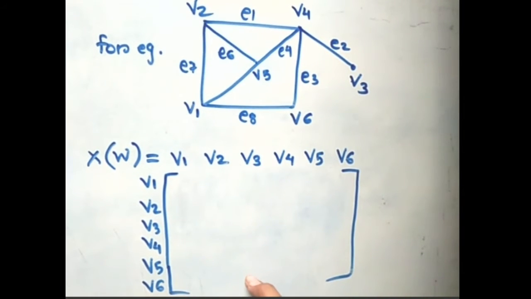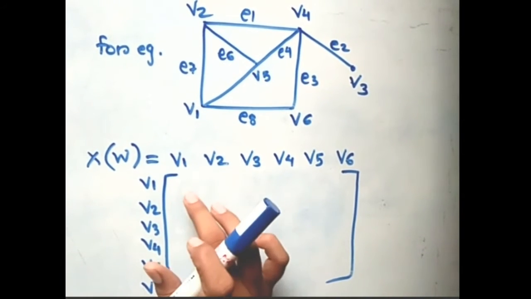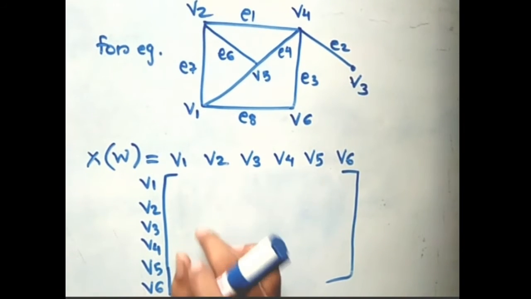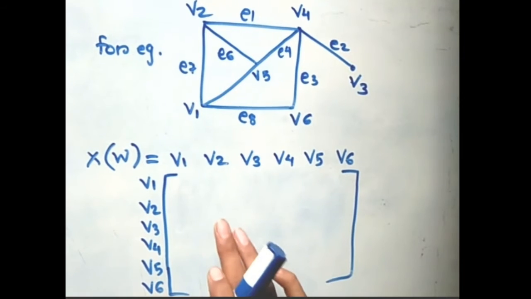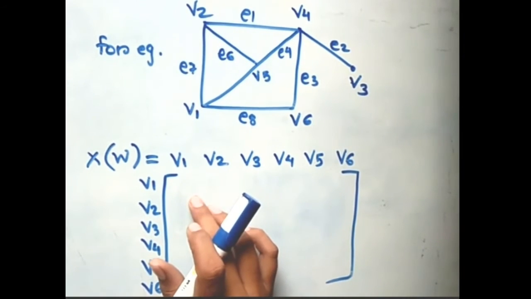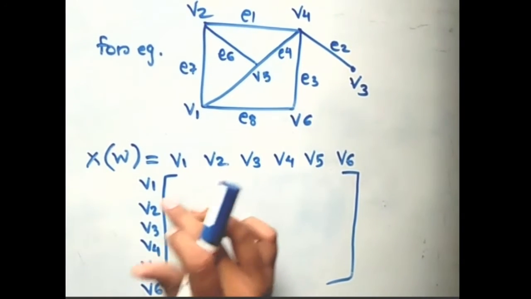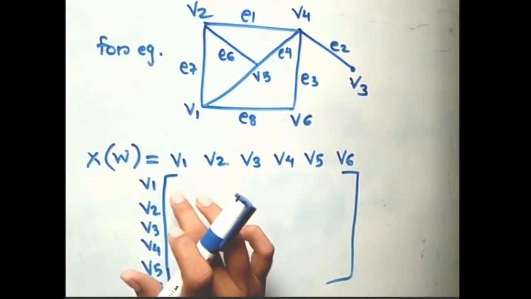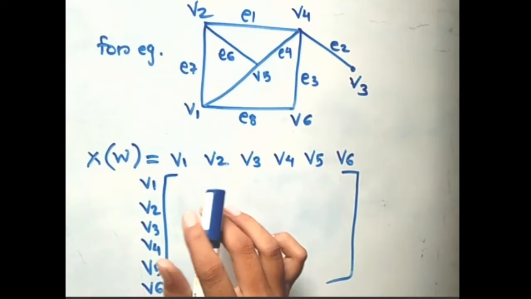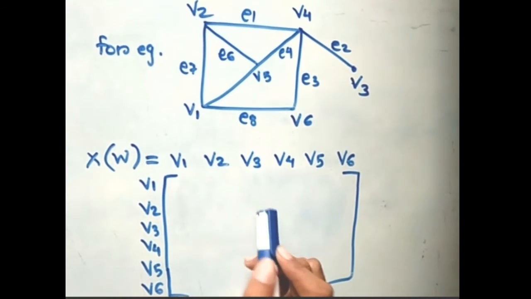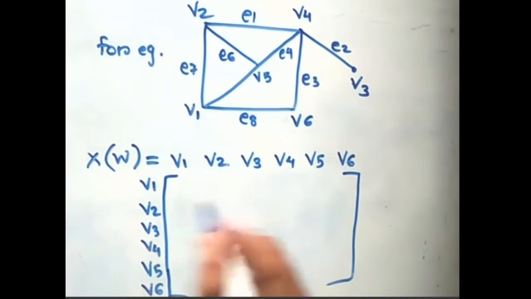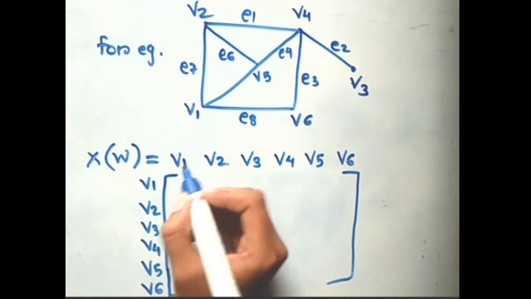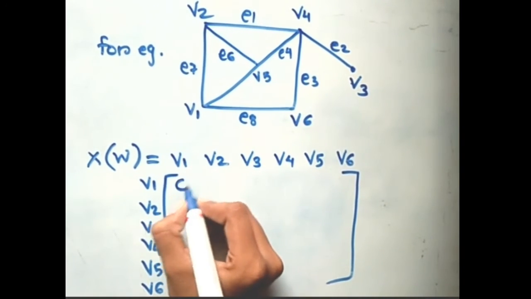Now let's see the graph and we can create an adjacency matrix. By the definition we had seen that if an edge is present between two vertices, then we will write 1, otherwise 0. Let's write. Here vertex v1 has no edge to itself, therefore we will write 0.